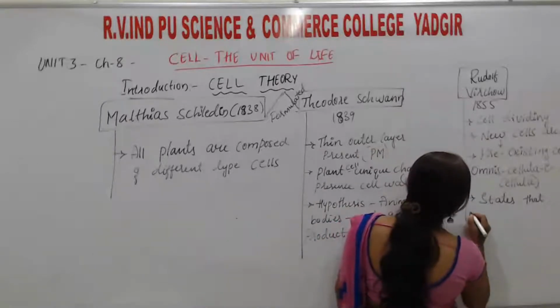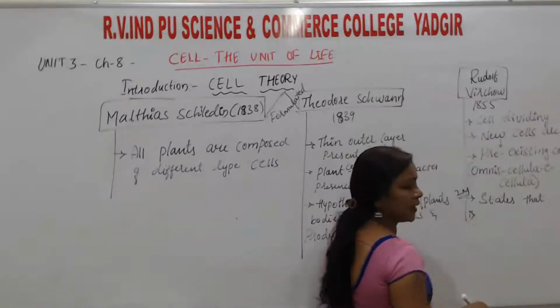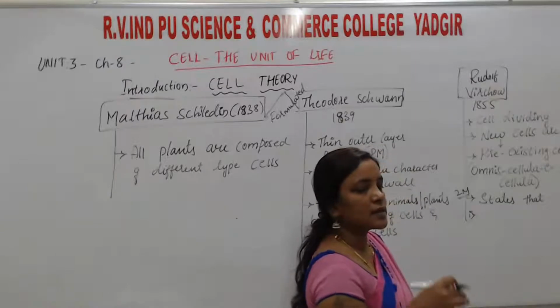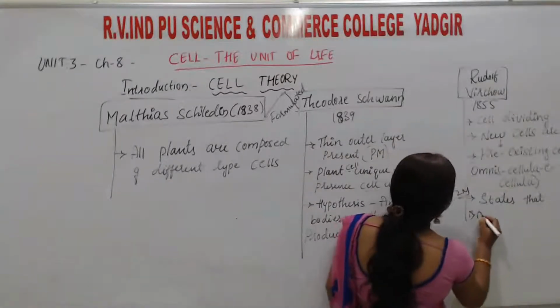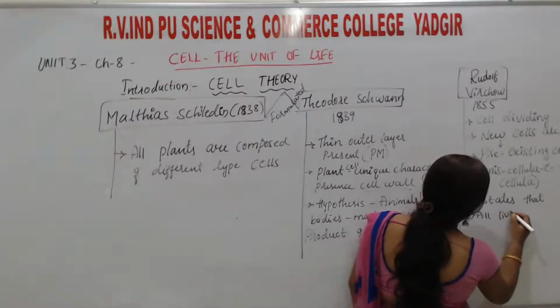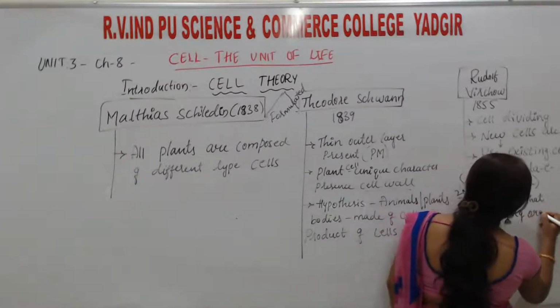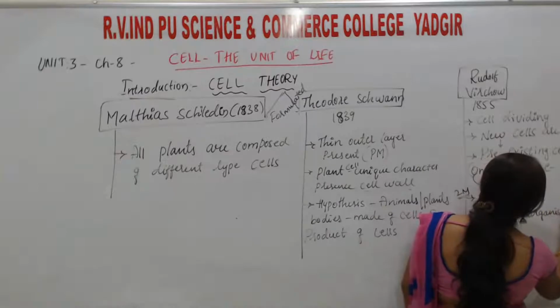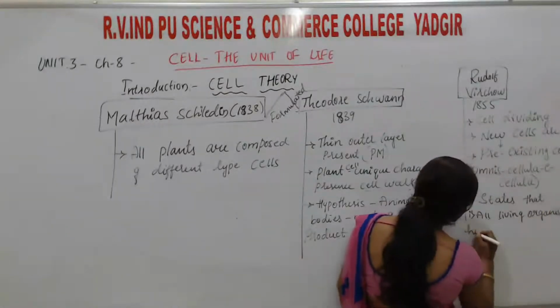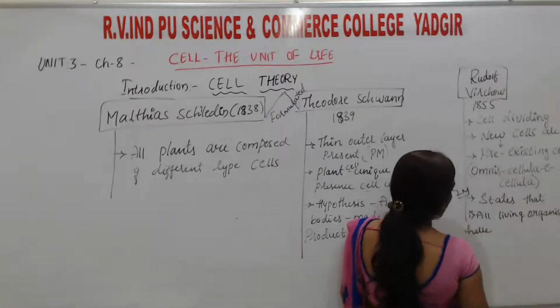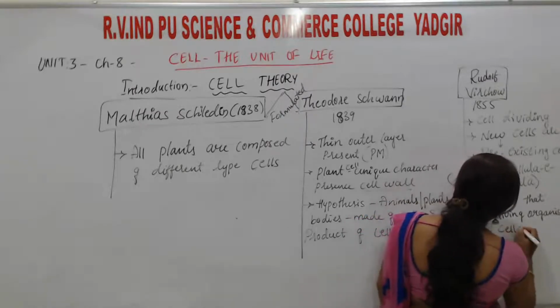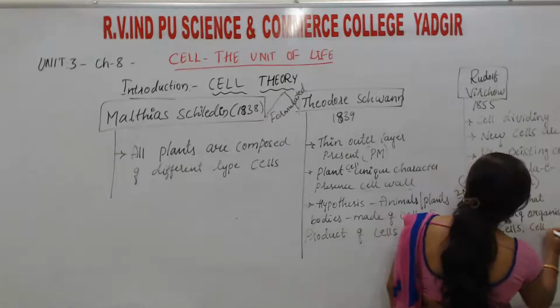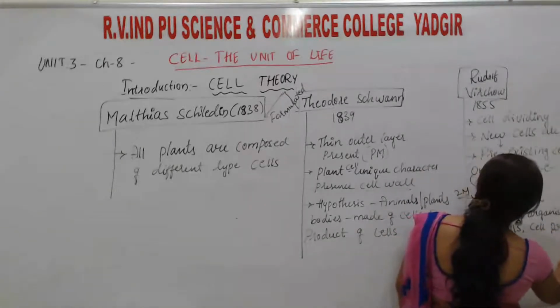What it states is: first, all living organisms have cells and also cell products.